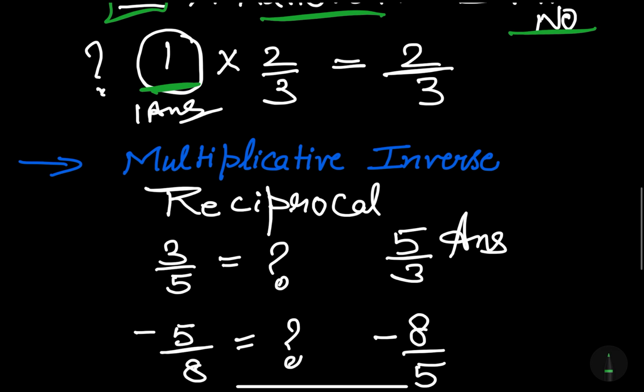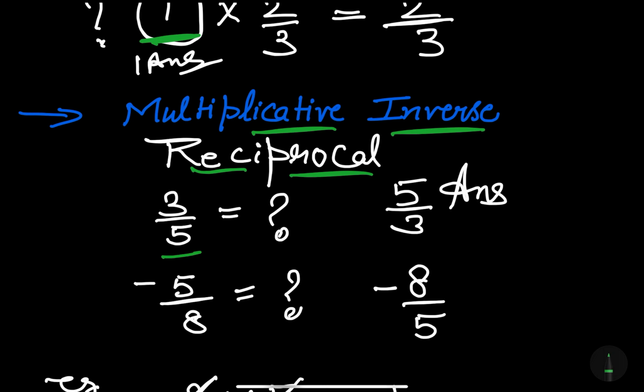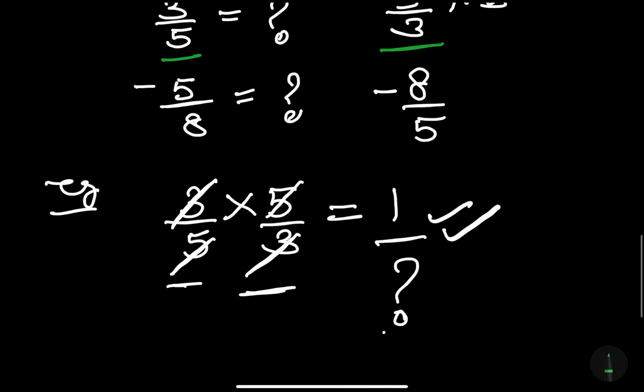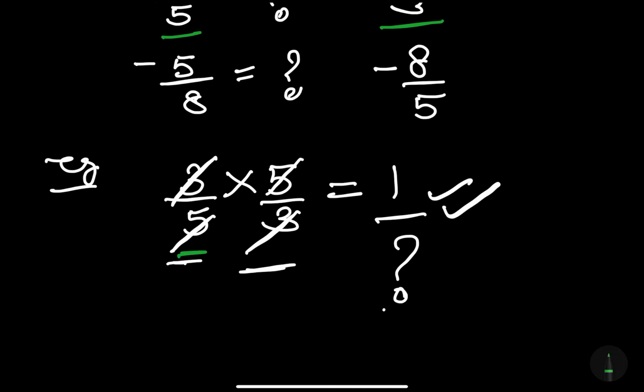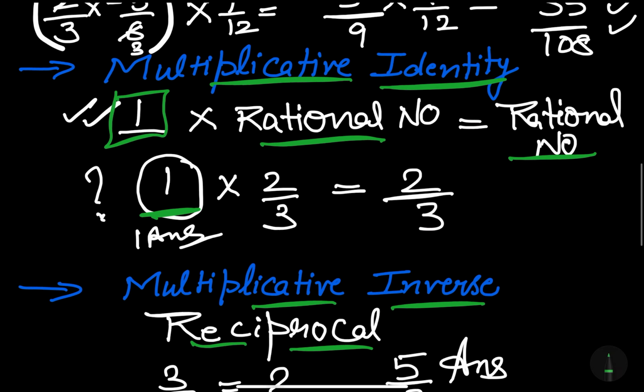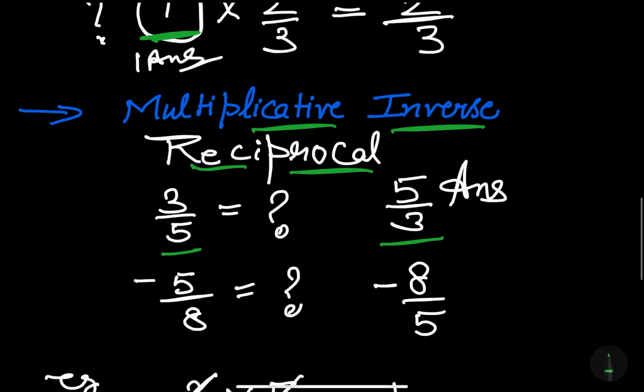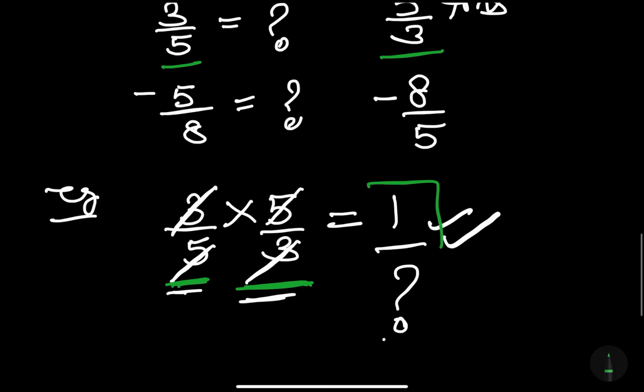Next is the multiplicative inverse. Multiplicative inverse is nothing but the reciprocal of a rational number. Suppose we have the number 3 by 5, what will be its reciprocal? 5 by 3. Last week we saw that when we multiply a rational number with its multiplicative inverse, we get the answer as the multiplicative identity.